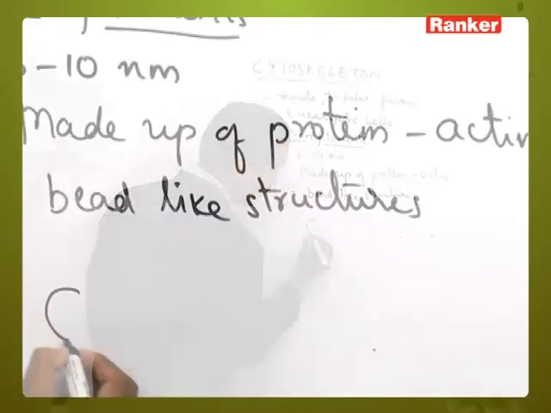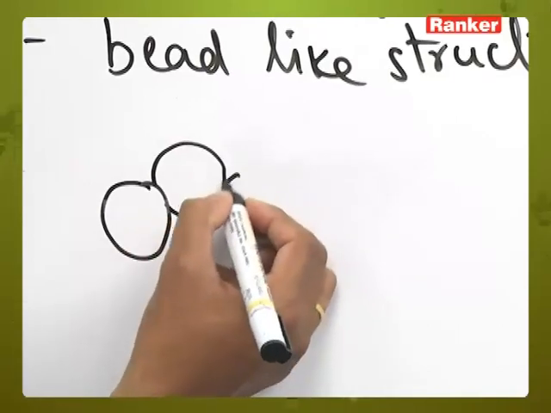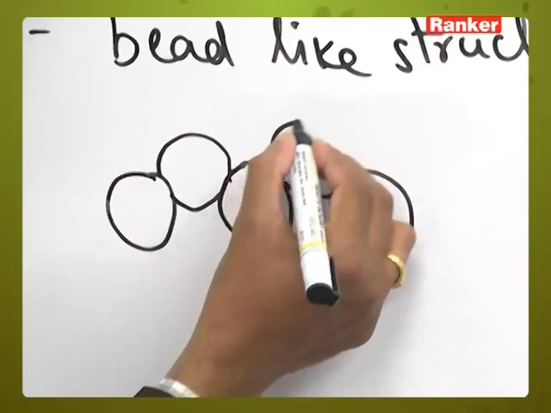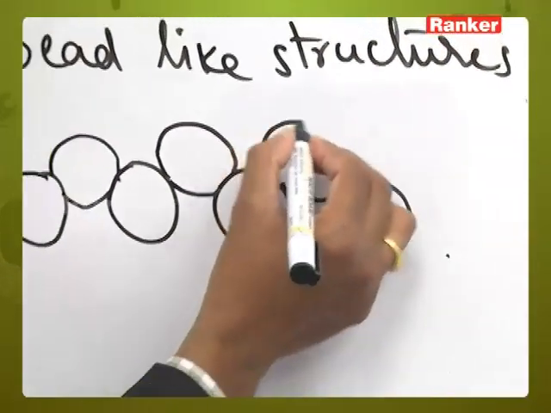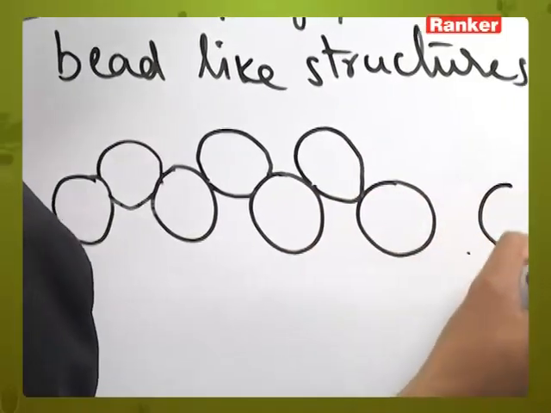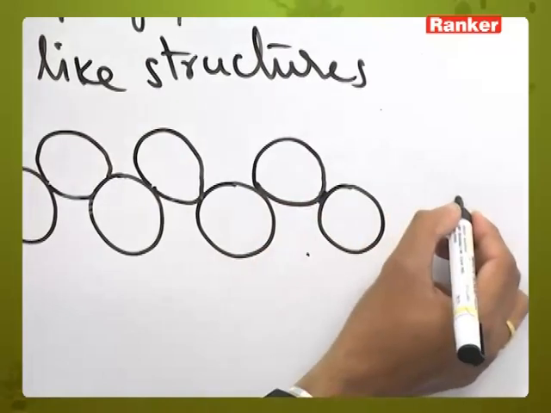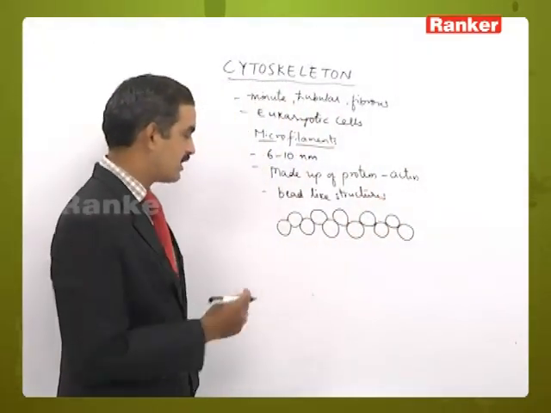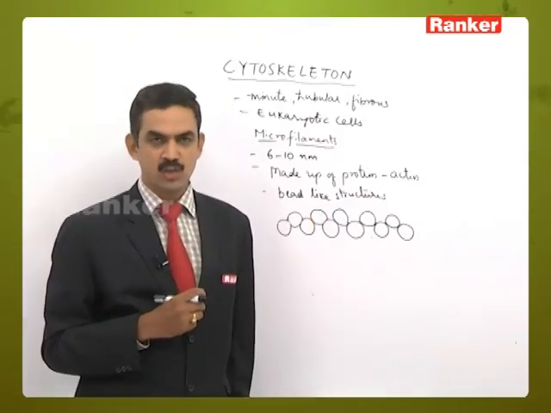So in the structural organization we can see this type of helical-like organization in the microfilaments. These bead-like structures appear as a helical arrangement pattern.